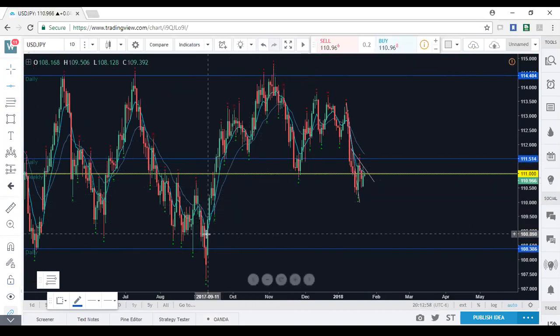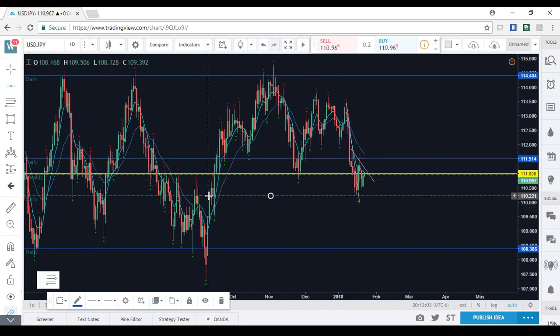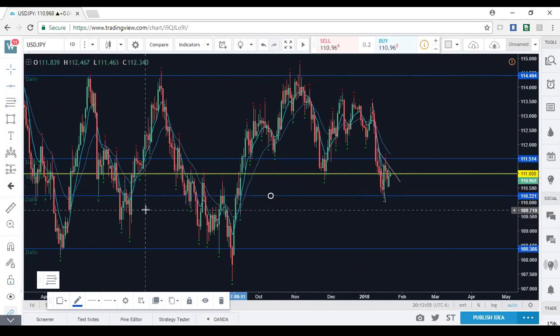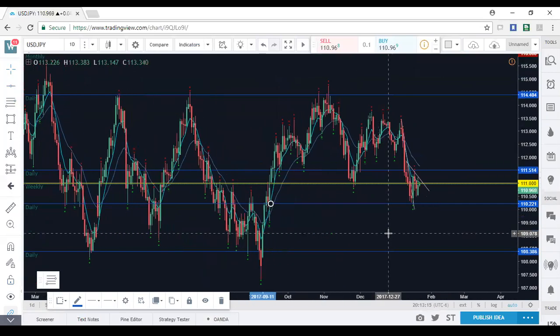So for instance, this pullback, I would say this would be a nice level to mark up, because previously it bounced, breakthrough, bounce, bounce, breakthrough, rejection, rejection, breakthrough. All this structure right here. So you want to notate that.